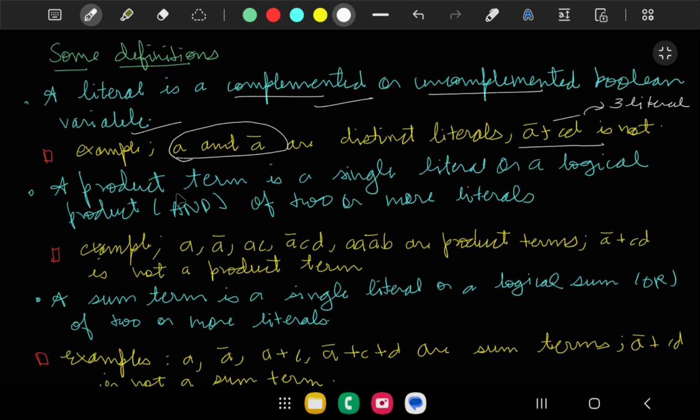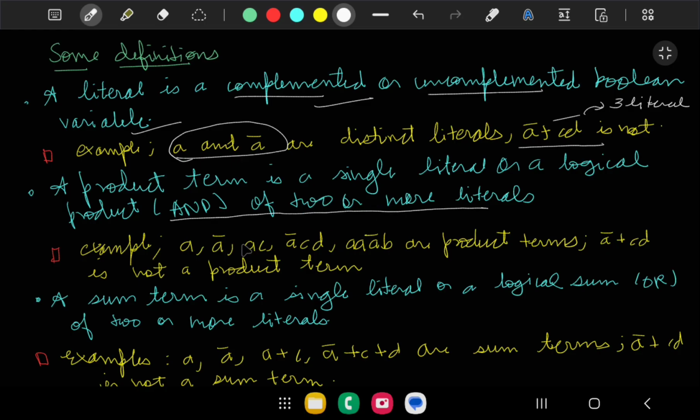Now let's see the next thing. What is a product term? Product term. Multiplication. Right? That is basically, it means that AND of literals. Two or more literals. Right?